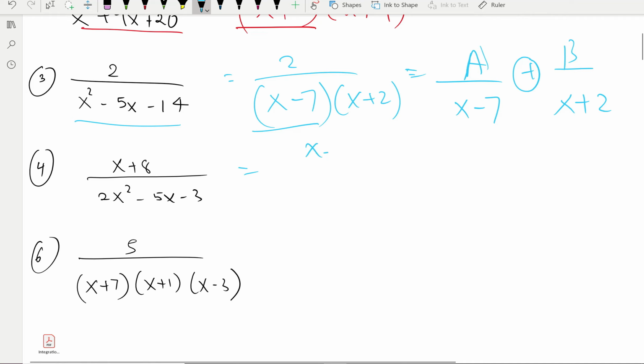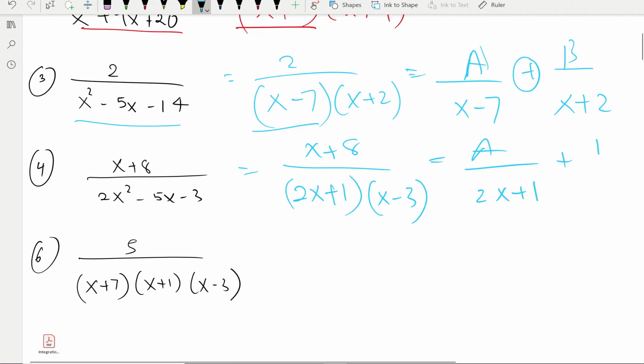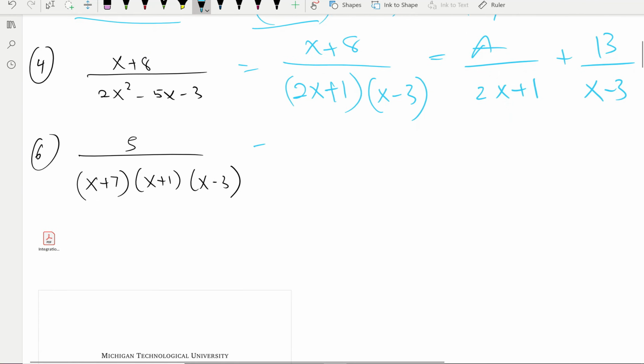All right, x plus 8 over, if you factor this one, you will get 2x plus 1, x minus 3. So now A over 2x plus 1 plus B over x minus 3, a constant over each of these factors. Okay, so the last problem.